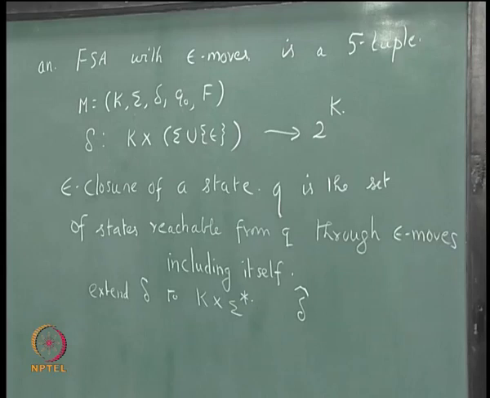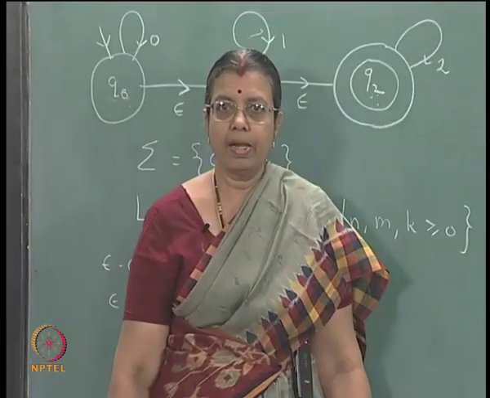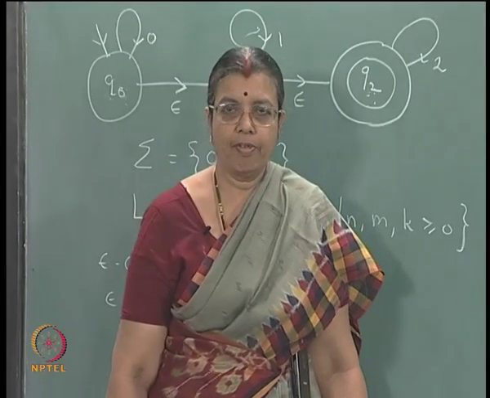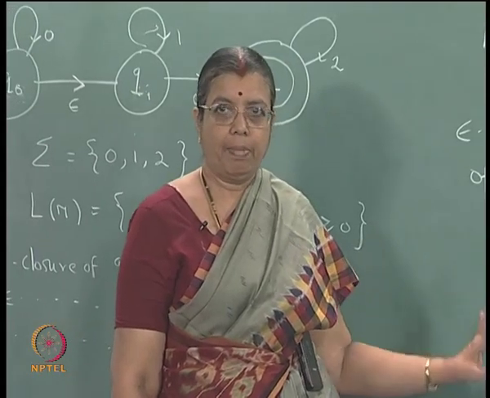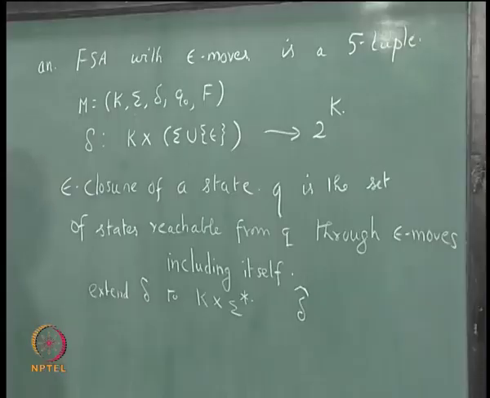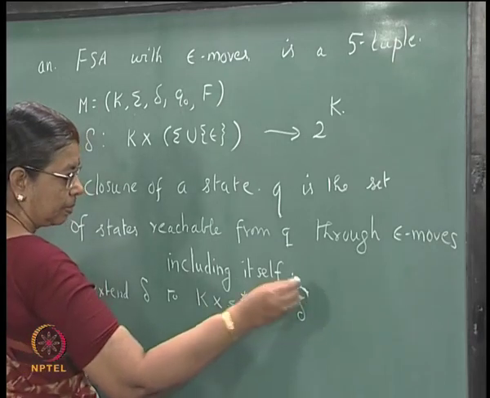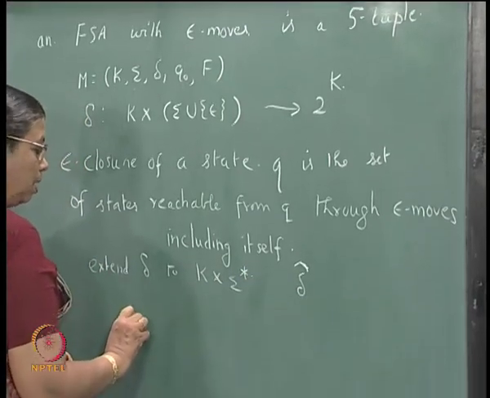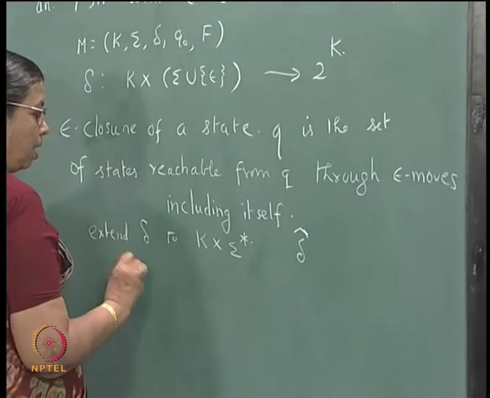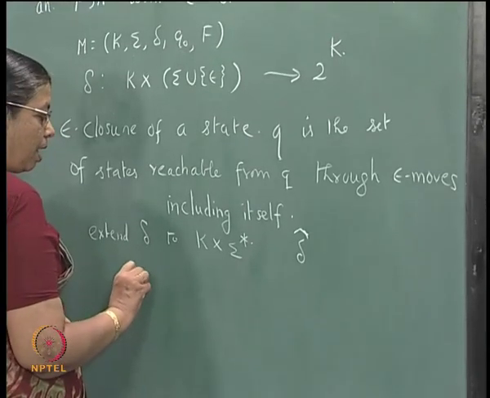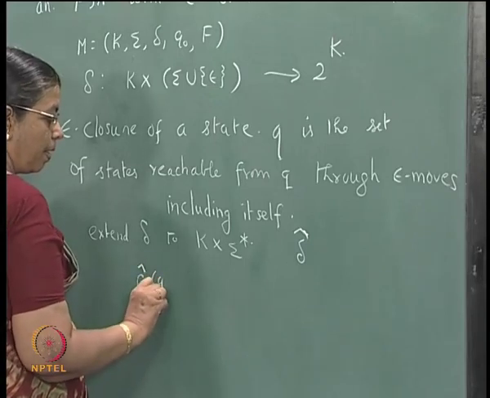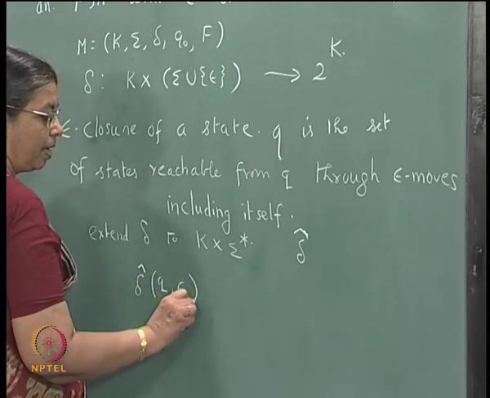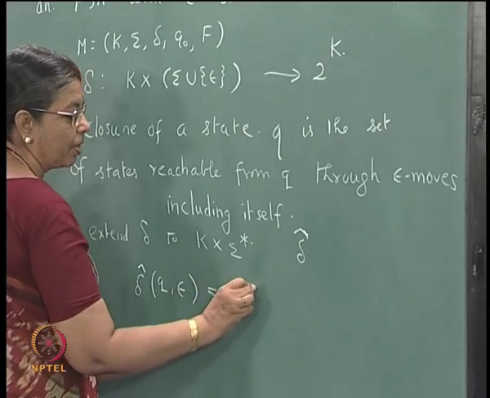In the case of deterministic automaton and non-deterministic automaton, later on we found that you can use the same symbol delta cap or delta, but here we cannot do that, we will see why. Delta cap of Q, epsilon is epsilon closure of Q.